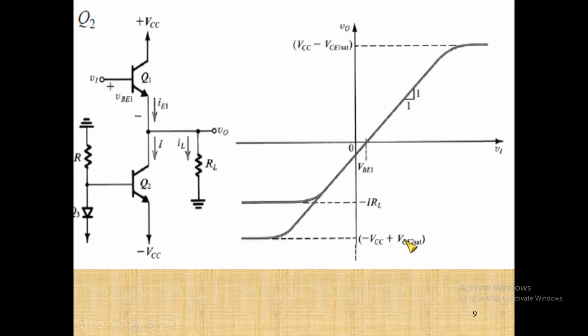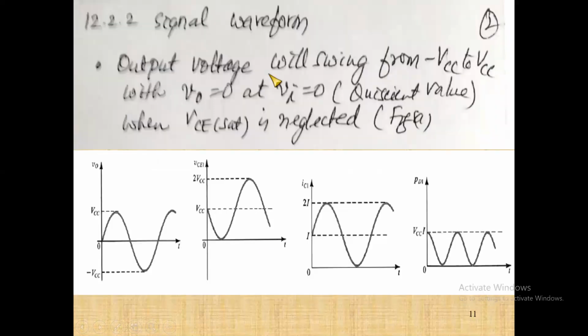If this value is 0, then this will be minus VCC. So the output voltage swing will be from minus VCC to plus VCC with V naught equal to 0 at Vi equal to 0. V naught equal to 0 is known as the quiescent value, and quiescent value means no input signal conditions.